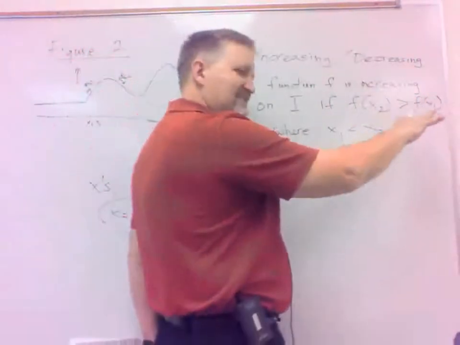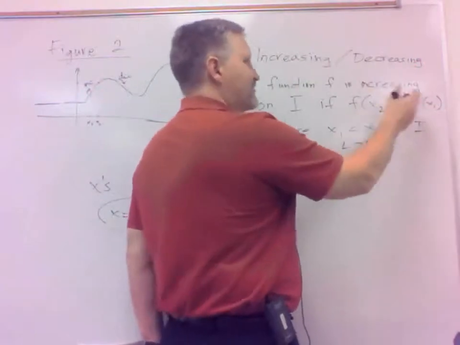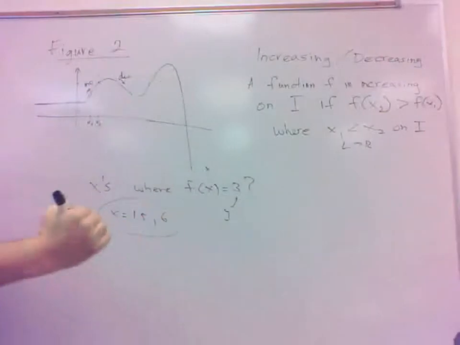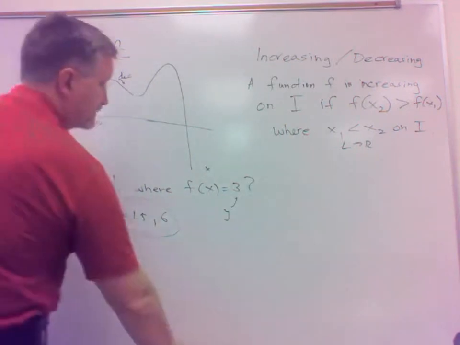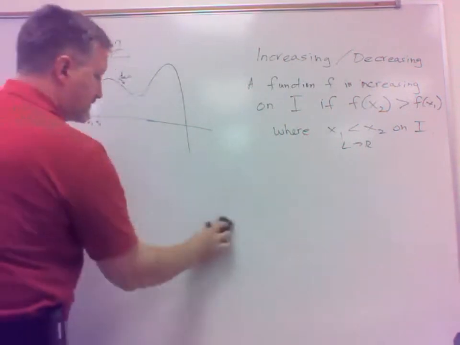Decreasing is just the reverse of that. The f(x2) is less than the f(x1), so it's going downwards as far as the function value. So it's all based on the output values. Okay? Now, as far as designating it here, here's how we do this.